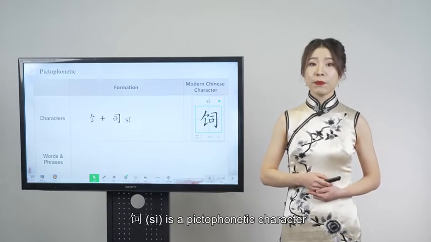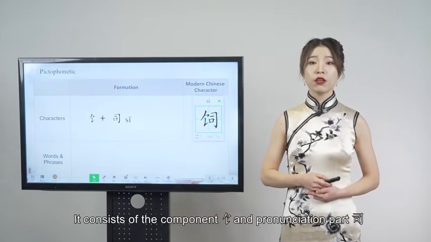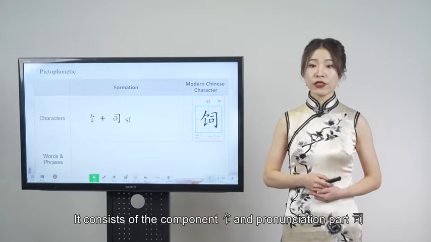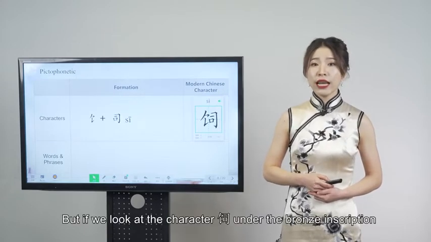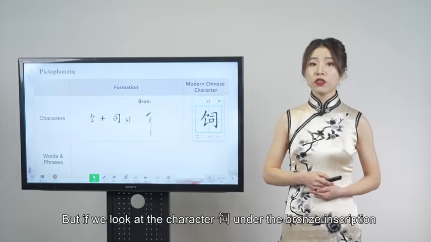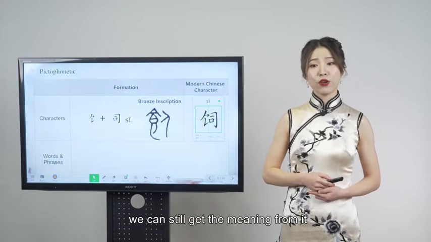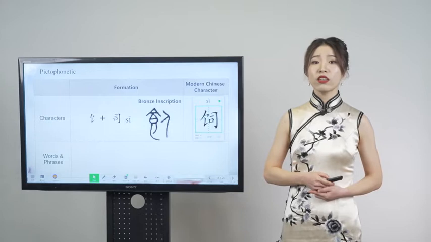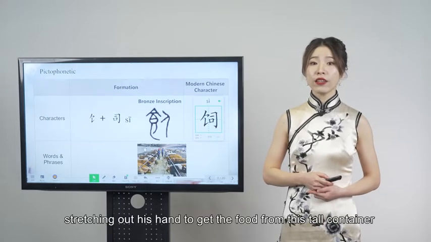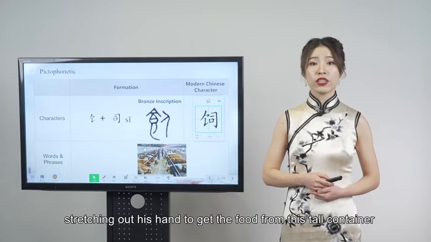饲 is a pictophonetic character. It consists of the component 食 and the pronunciation part 司. But if we look at the character 司 under the bronze inscription, we can still get the meaning from it. It's like a person standing there, stretching out his hand to get the food from this tall container.